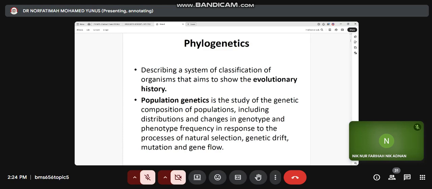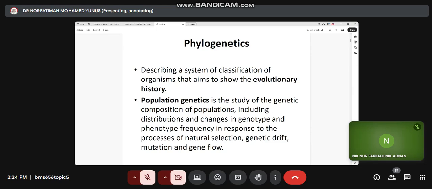We also want to look at the relationship between changes in genotype and phenotype. Phenotype means something that you can observe using your naked eyes. So we not only want to discover the changes, but also look at the response to the process of natural selection.